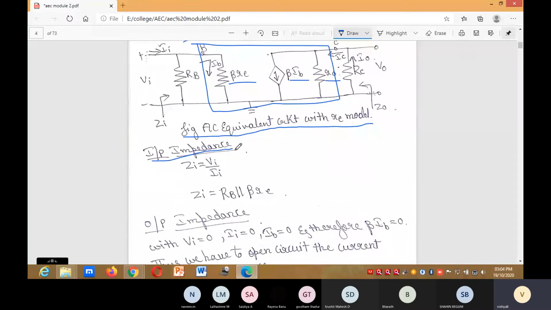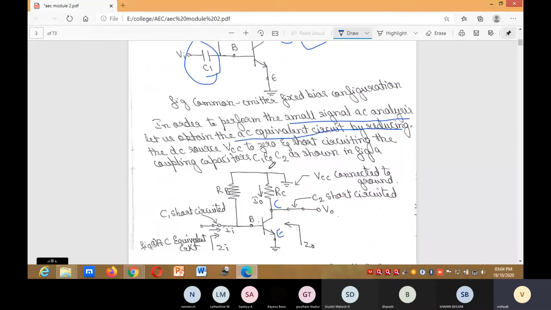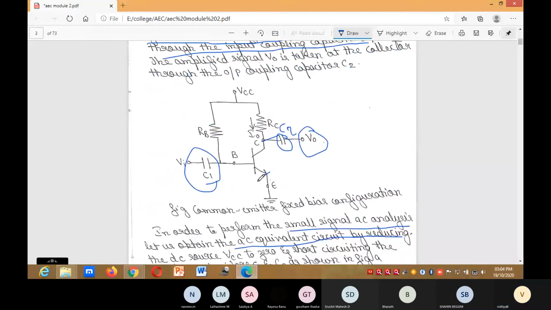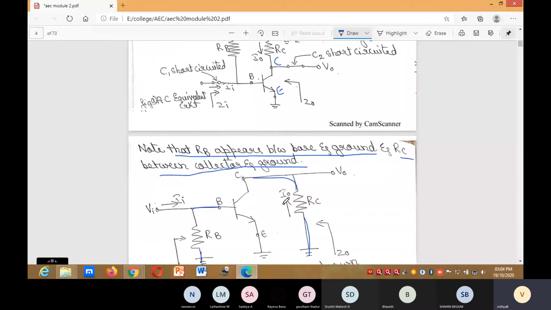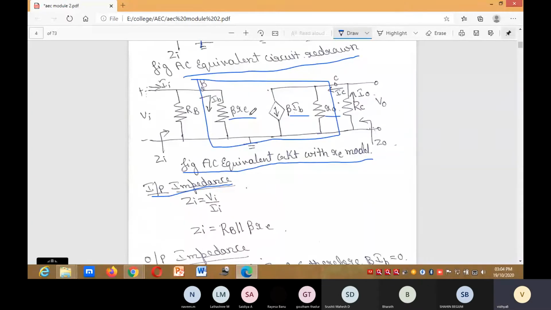In fixed bias there is no RE, so you won't get RE here. Beta re, beta IB, r0. This is the re model.